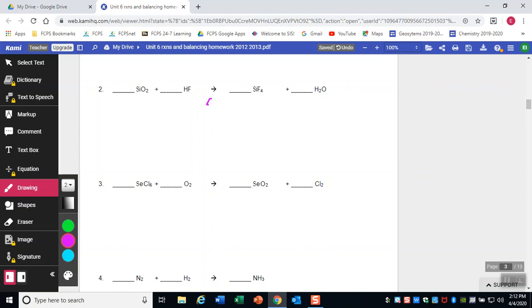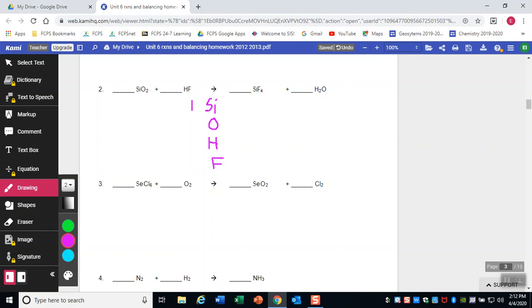We've got silicon, oxygen, hydrogen, and fluorine. All right, so now we'll count what's the elements on each side.